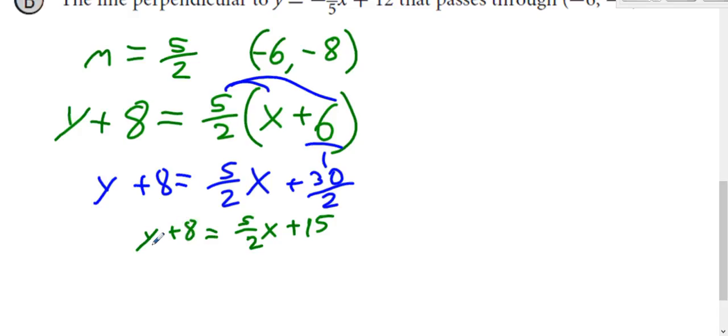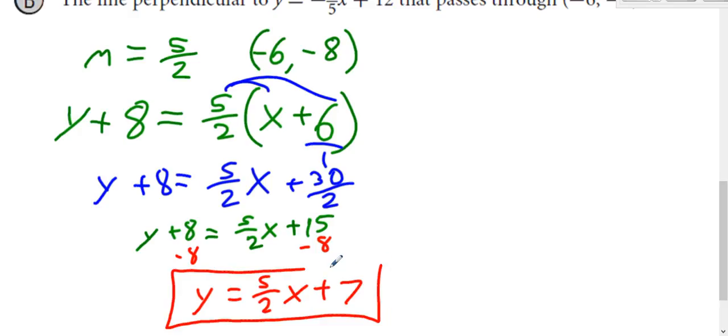So now when we solve for y to get slope intercept, we subtract the 8. 15 minus 8 is 7. So there's our perpendicular line that goes through the given point.